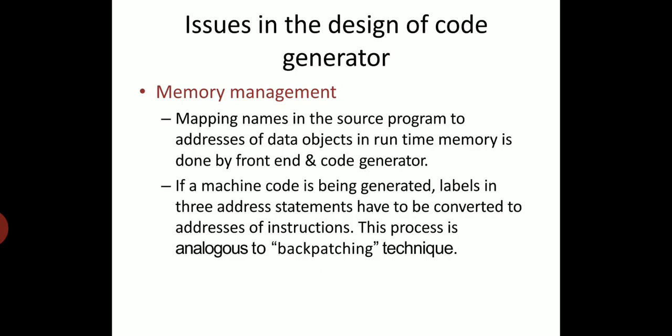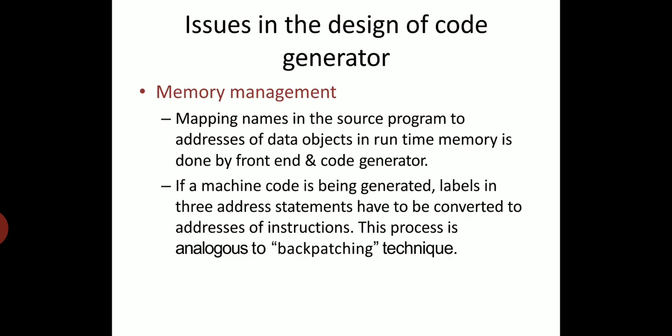Then if a machine code is generated, there will be the labels and 3 address statements, which also should be converted to addresses. For this, a backpatching technique can be used.